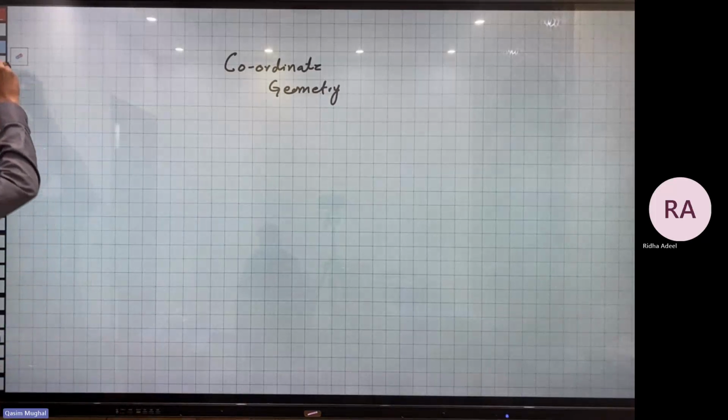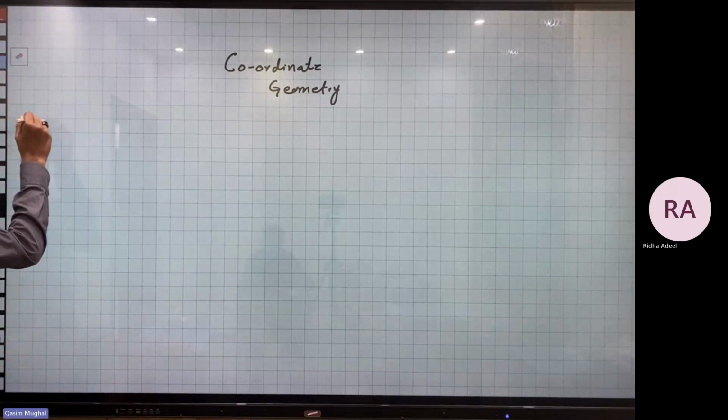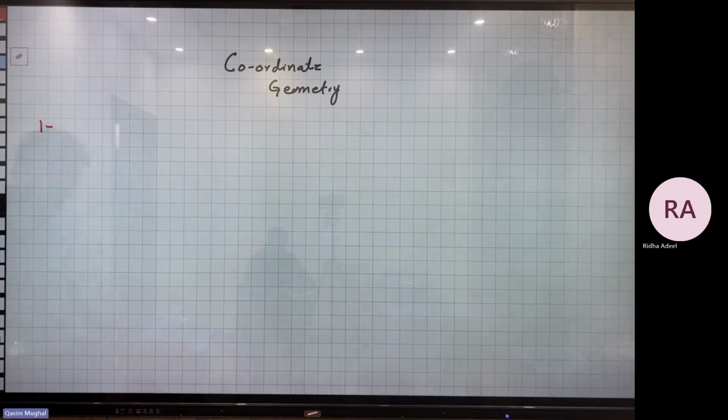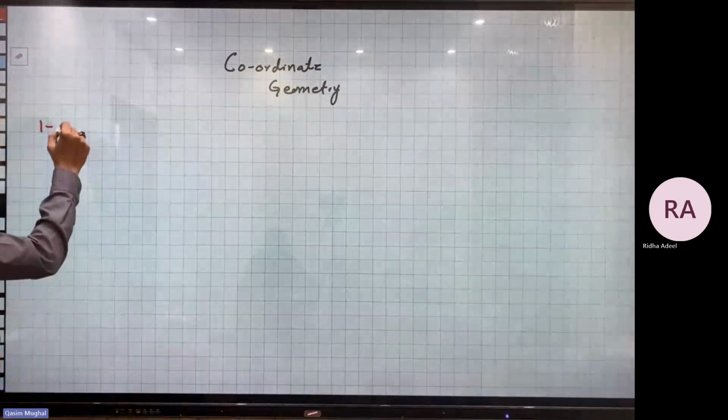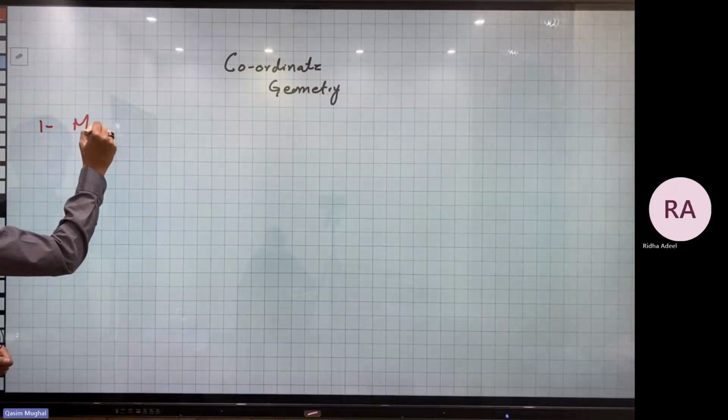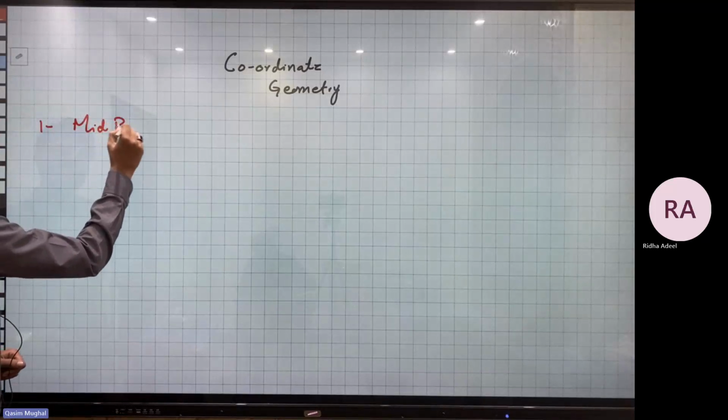So I would like you to note down a few things before we jump off. The first important thing in coordinate geometry is the midpoint formula. I'm sure you all know this formula very well.